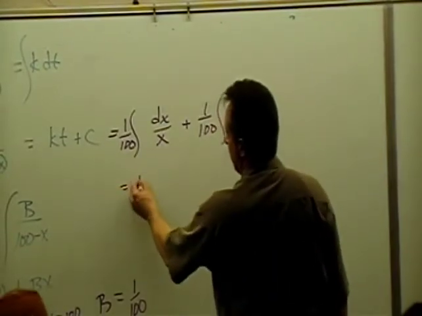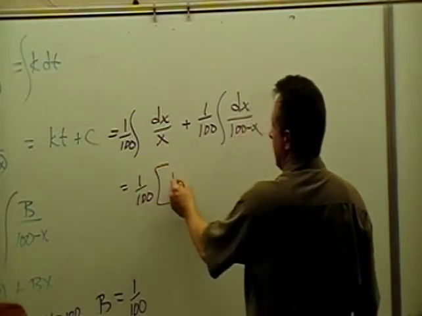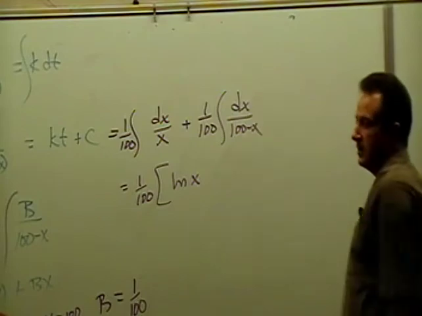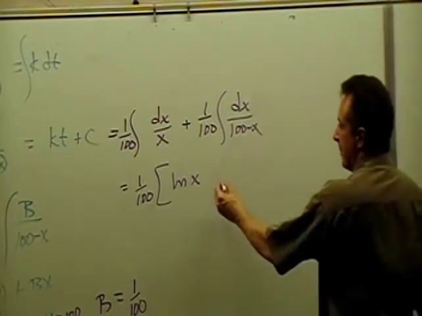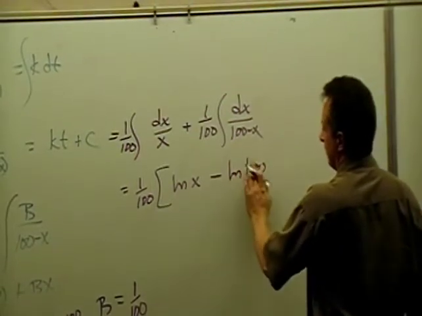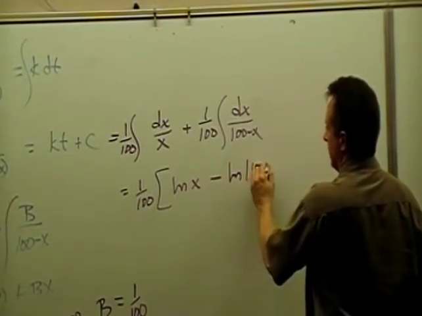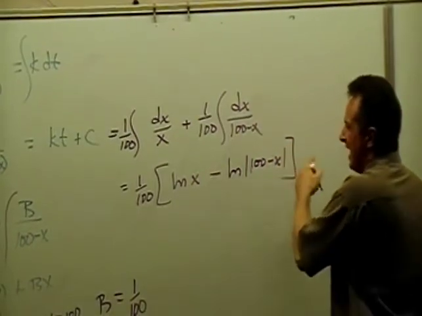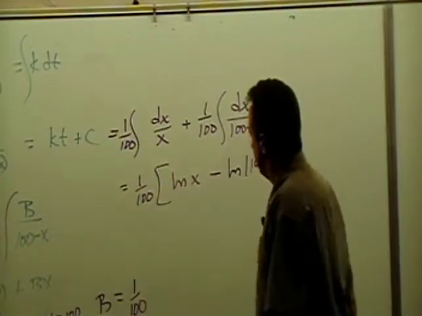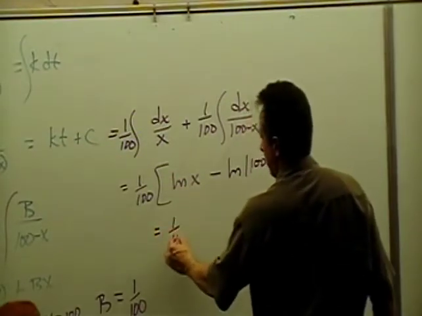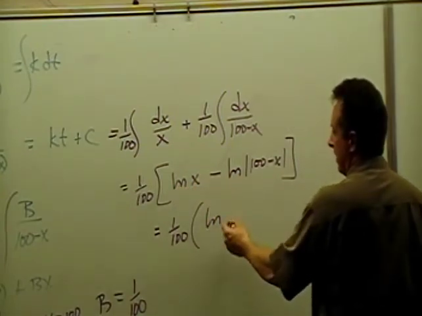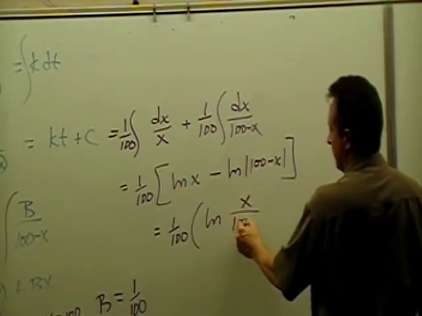Integrating this, what do you get? You get 1/100 times the ln of x, and I'm factoring out the 100. What would this be? Can you integrate that? Minus the ln of (100 minus x). And I could have a plus C, but I'm going to move the other C over here, making just one C. This can be written as 1/100 times a subtraction of two logs, so I have the ln of x over (100 minus x).